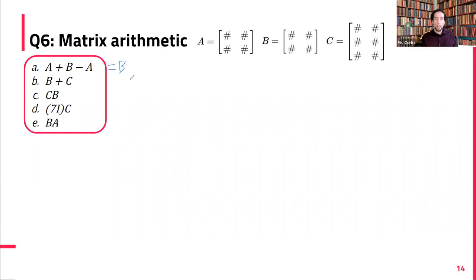We talked about in class how with matrix addition and subtraction, not matrix multiplication, if we change the order, we still get the same result. So A plus B minus A is equal to A minus A plus B. A minus A would just be a null matrix plus B, therefore B. There were a handful of people who were kind of clever and noticed this and didn't write out the actual numbers.